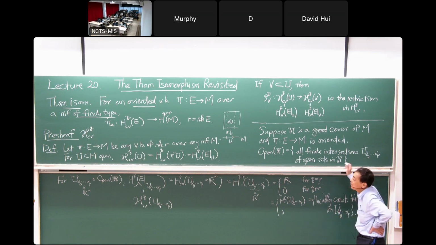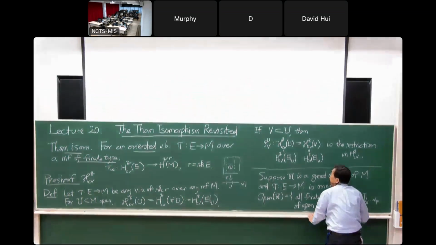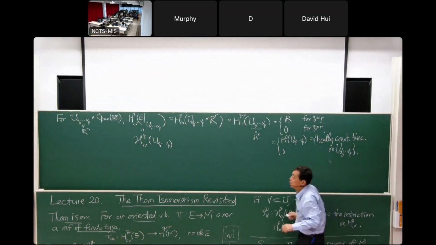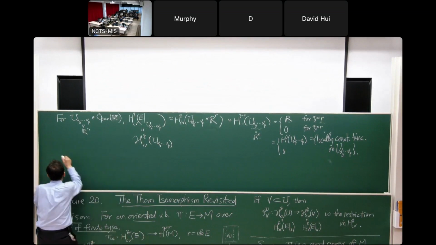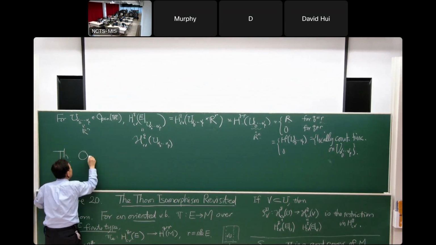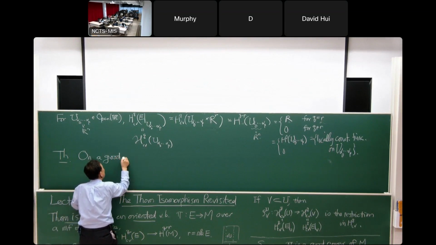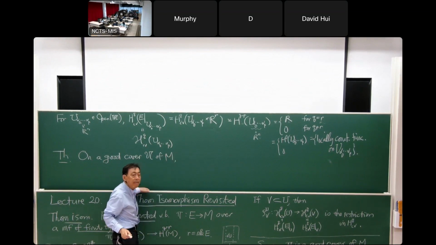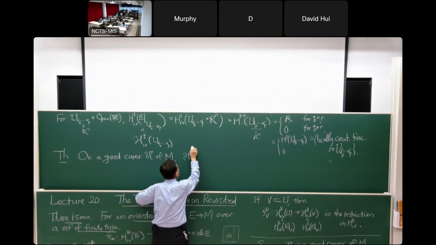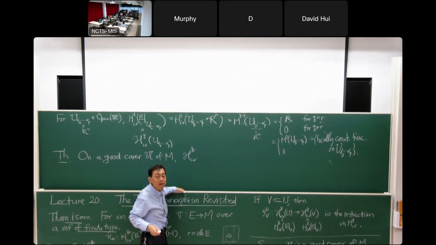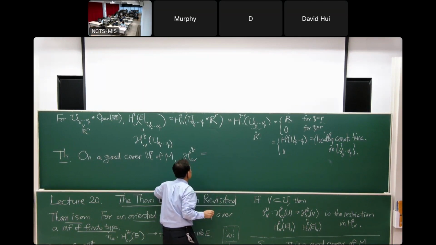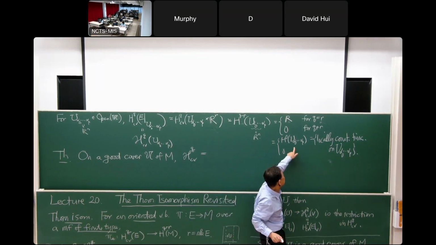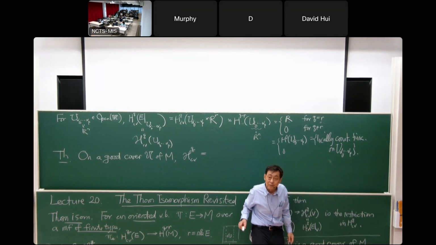Okay. So what have we proven? What we have proven is that on a good cover U of M, this pre-sheaf is equal to the pre-sheaf of locally constant functions on the open set.